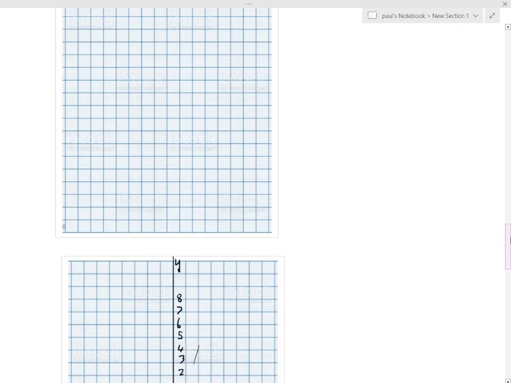Hang on. Let's go down. So I haven't drawn the lines on this one. So let us do that whilst we're thinking about something else. So there's that line. And the x line. So 1, 2, 3, 4, 5, 6, 7.